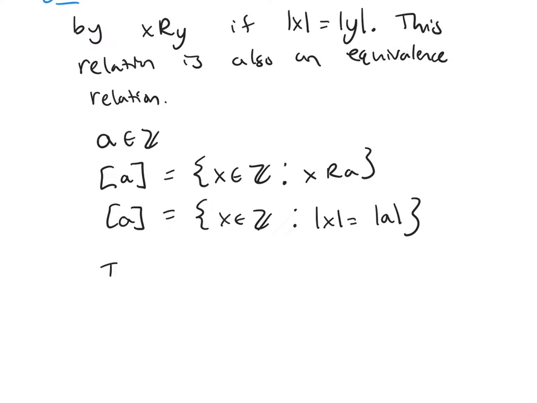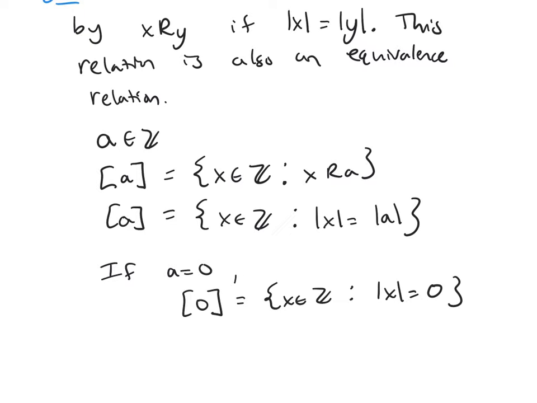So if A equals 0, then your equivalence class will contain all the integers where the absolute value of X is 0. Well, that's just one number, that's 0.